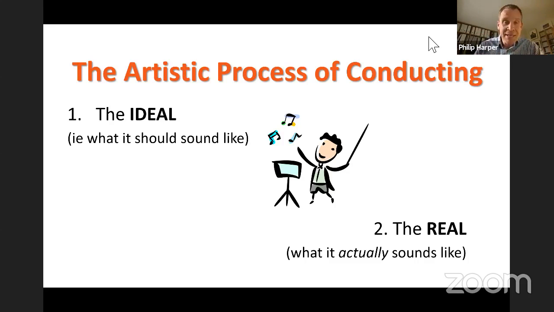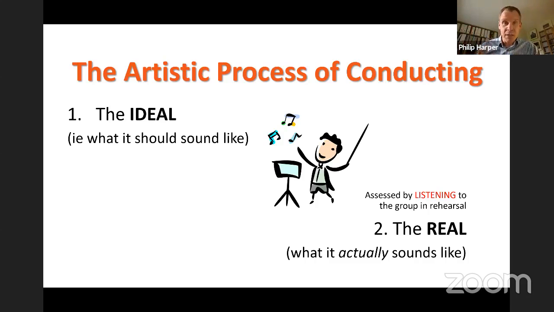And the idea is, as the rehearsal goes through and makes progress, or as a series of rehearsals go through, maybe 10, 12 rehearsals, you listen to the real version of what the piece sounds like. I've highlighted that in red because I'll come back to it later, but listening is such a vital skill to conducting. In my opinion, the most important skill of all in conducting, listening.